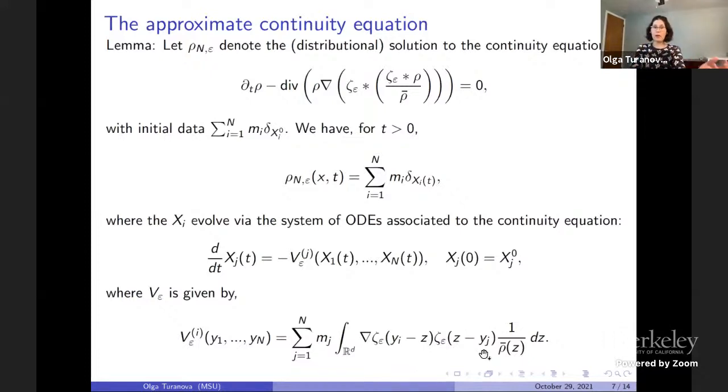That comes from looking at this term and what happens when the rho that you have here is the sum of Dirac masses. But one key point is that if I start with a sum of Dirac masses, it stays a sum of Dirac masses. And moreover, there's an ODE that tells you how these masses evolve.